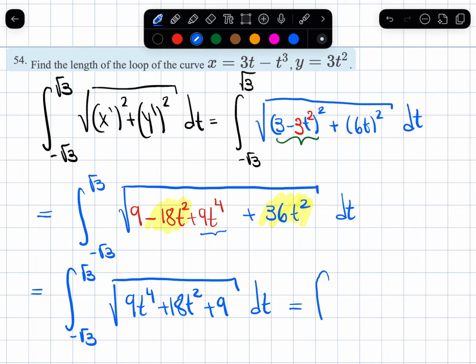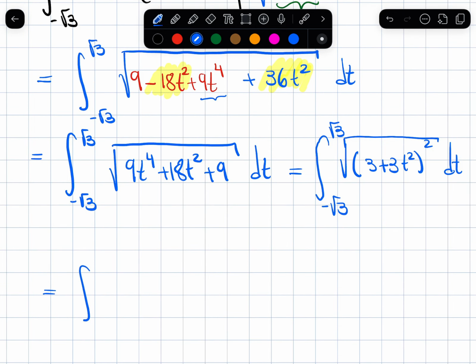So that simply equals, same idea as before. This is the same thing as this, but with a change in the negative here. This is 3 plus 3t squared, square root still. Now, I get to cancel these.